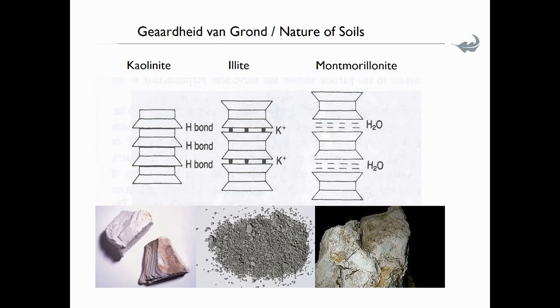And montmorillonite, again, one sheet gibbsite and two sheets silica, but held together by water. So kaolinite is very strongly bonded, so kaolinite clay is inactive. It's typically white or pinkish, but not active. It's a weathering product from granite typically. The illite is medium active, typically gray, and then montmorillonite can have different colors, but this is the most active clay that we get. This is the one that causes heave and damage to buildings.